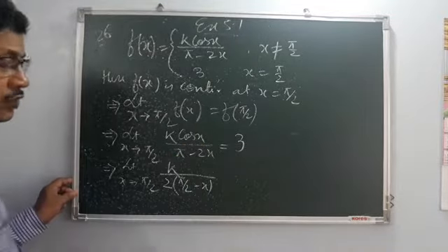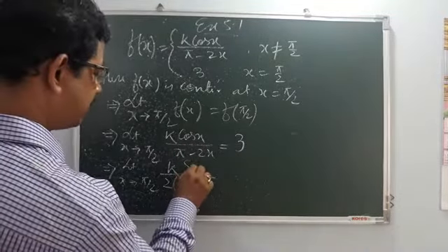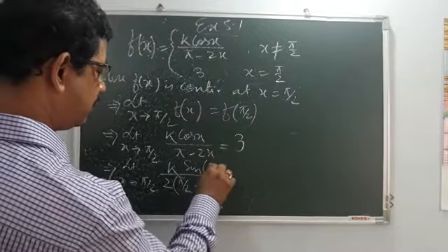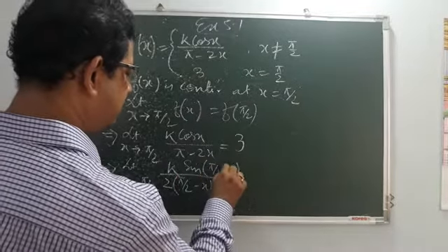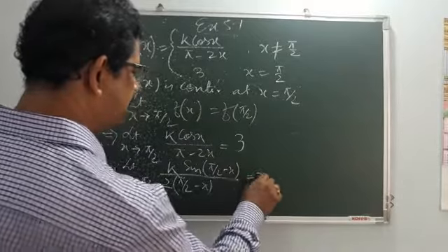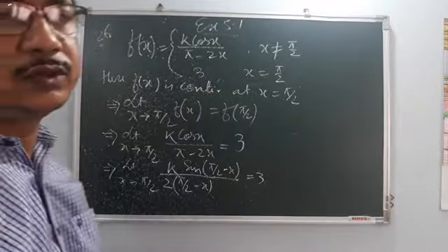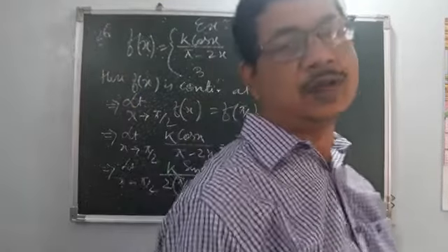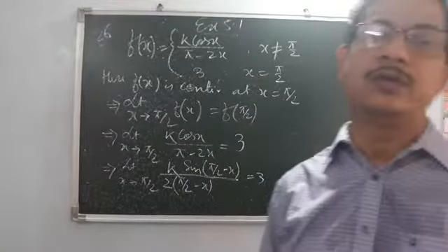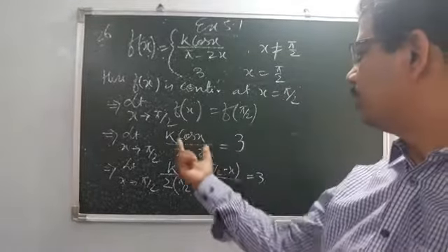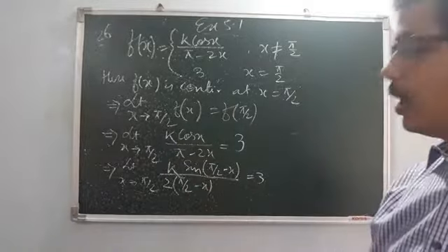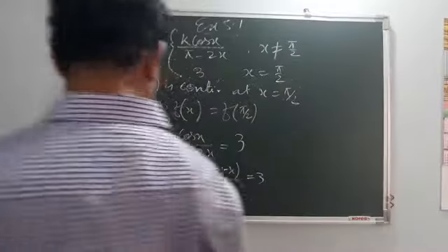Then cos x can be written as sine of 90 minus x. It is the trigonometrical formula that sine 90 minus theta is cos theta, cos 90 minus theta is sine theta, tan 90 minus theta is cot theta. Like that formula is there. So I have written cos x as sine of 90 minus x.